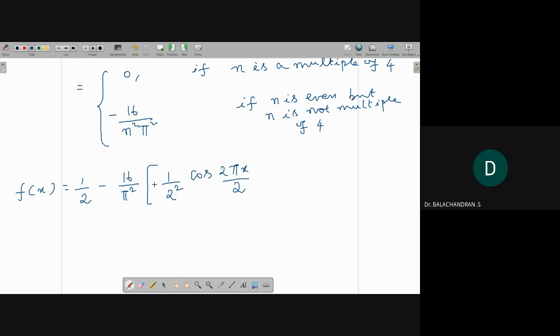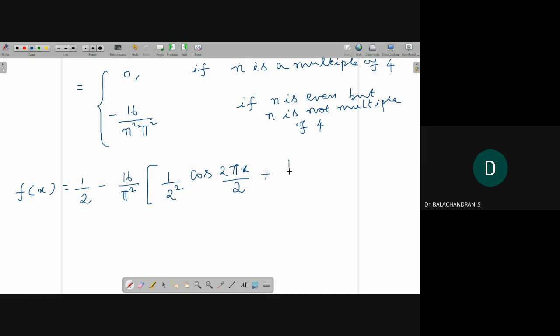N equal to 1 is 0. N equal to 2 will come. N equal to 3 is 0 because it is odd. N equal to 4 is a multiple of 4, so again it is 0. N equal to 5, odd, 0. N equal to 6 will come because it is even but not a multiple of 4.